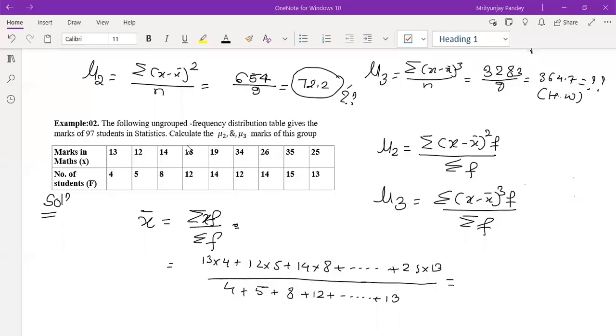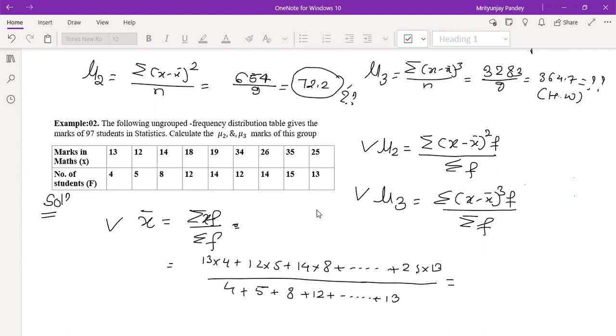So this is your second example based on frequency distributed data. First of all, I will write the formula of mu2 as well as mu3. This formula is for frequency distribution data. But in this formula x bar is there, therefore you have to find x bar first. The formula of x bar is summation xf divided by summation f.